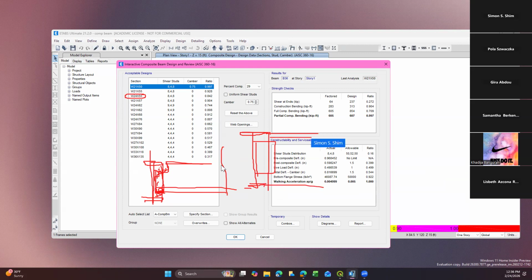In some cases a detailer wants to use this, but somehow I don't like it too much. Sometimes they want to use a long angle for bolted connections so that you can avoid this coping, which means you're going to deal with significant eccentricity, here versus here.